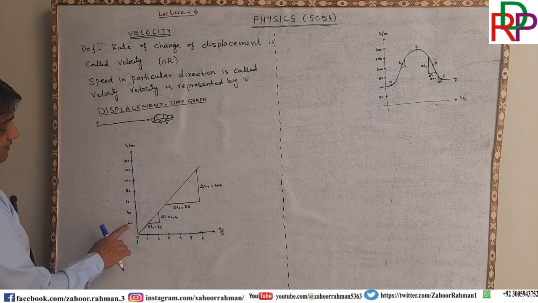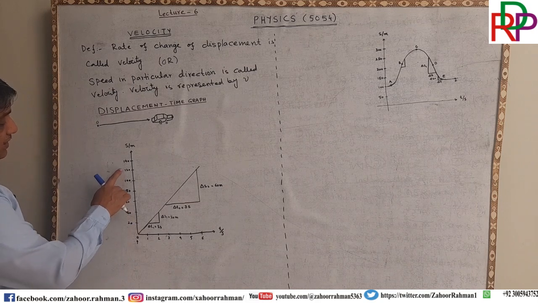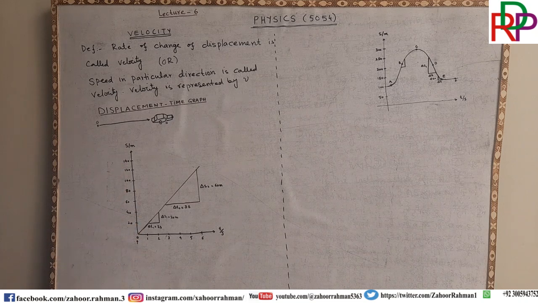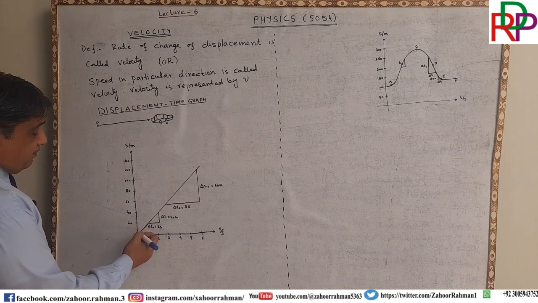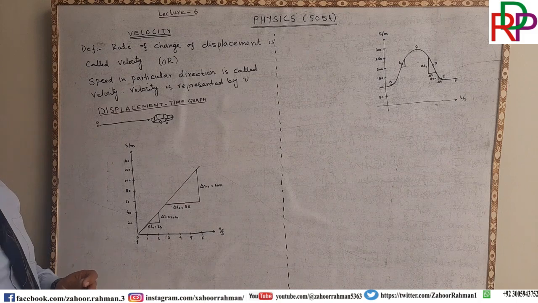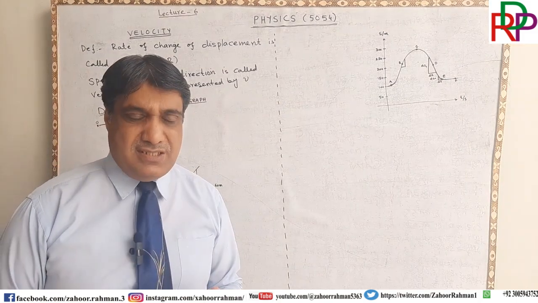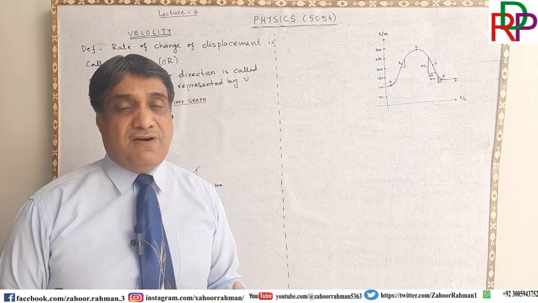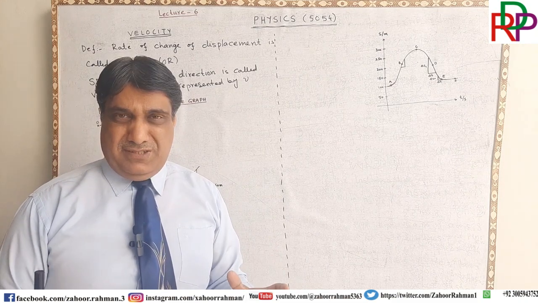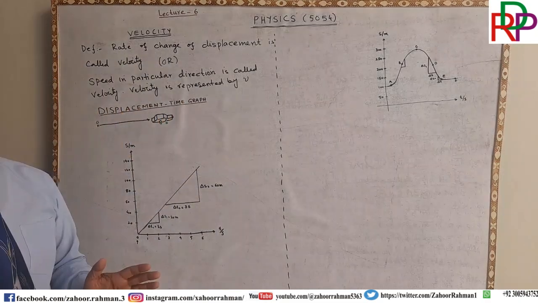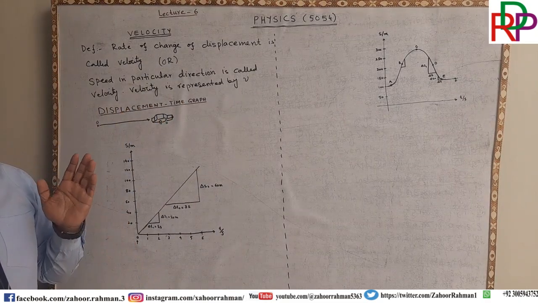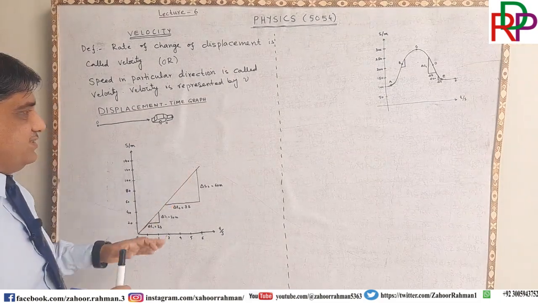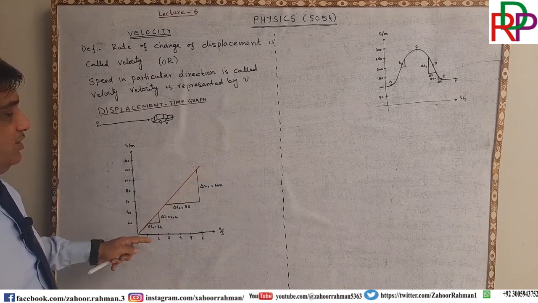The displacements are 20, 40 up to 140. Now, this type of motion in which a body covers equal distances in equal intervals of time is called uniform speed.